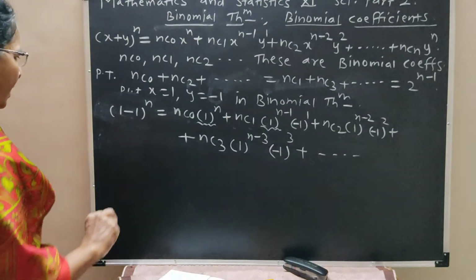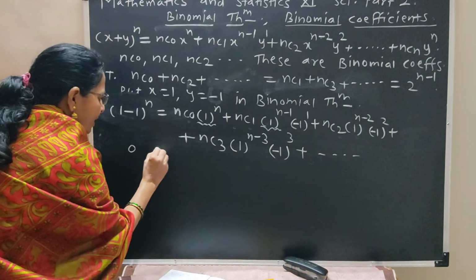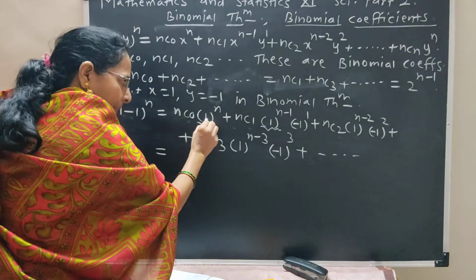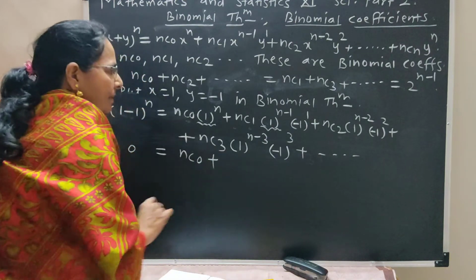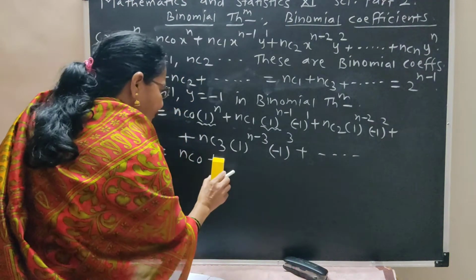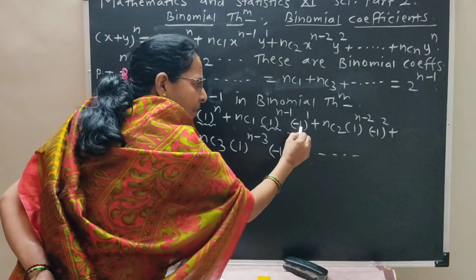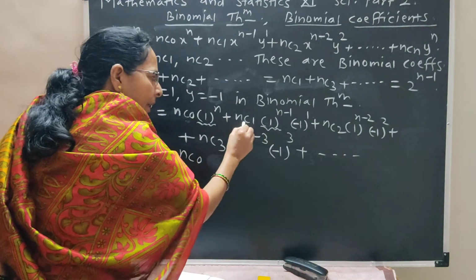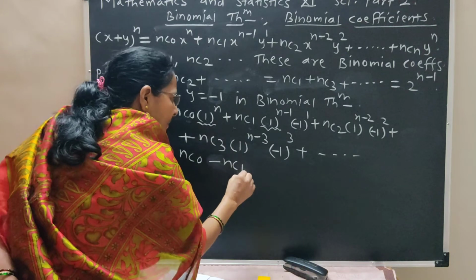Here 1 minus 1 is 0 raised to n, that means 0, is equal to: 1 into nC0 is nC0, plus minus 1 raised to 1, that is minus 1, the product with nC1 is minus nC1.